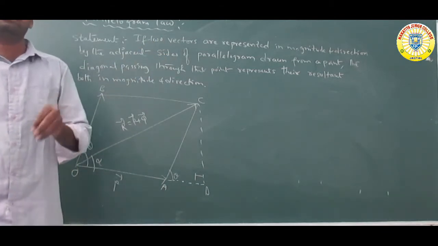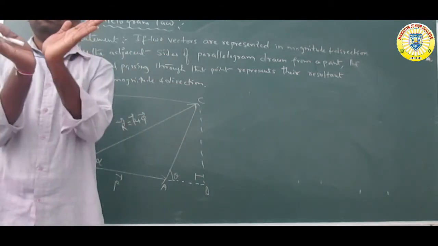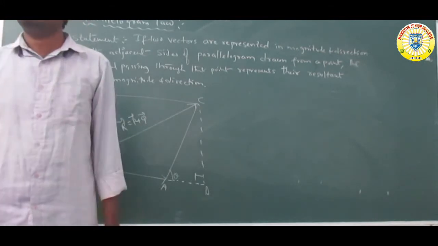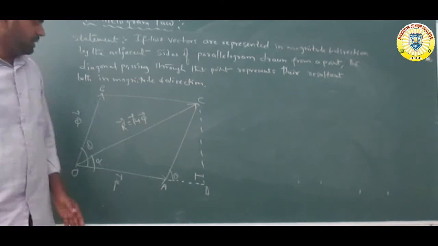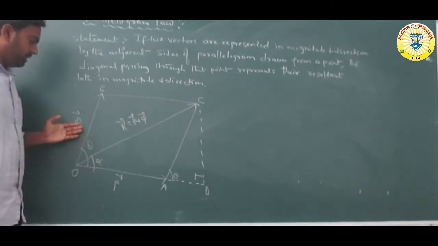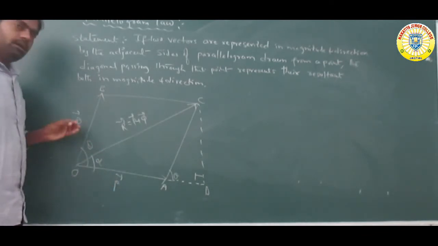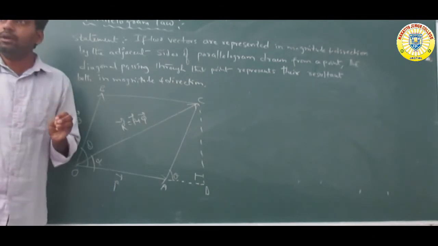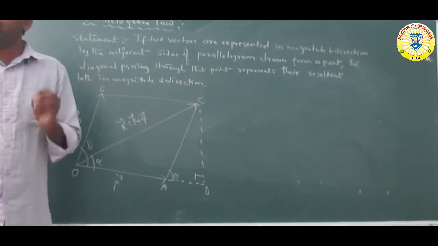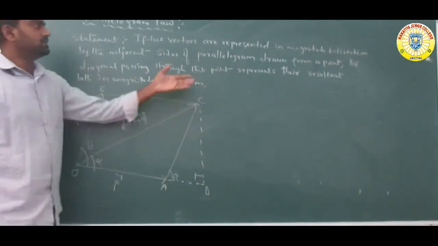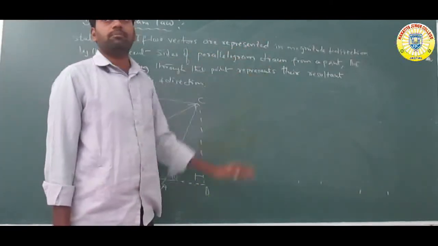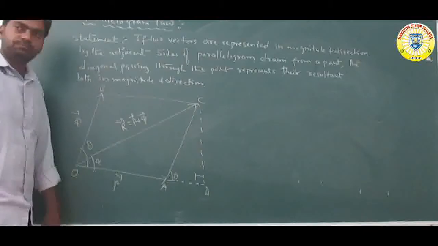Okay, so what is the meaning of adjacent side? That means the two vectors next to each other. The adjacent sides of the parallelogram are drawn from a point, that is O.